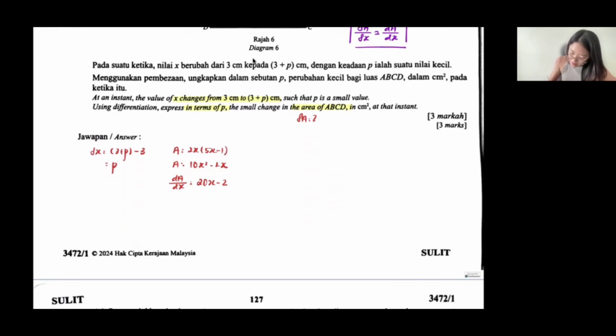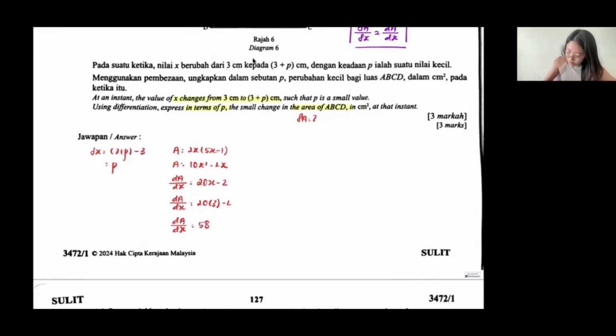Then we need to get a value for dA over dx. You substitute the original value of x, which is given in the beginning before the change, so it's 3. So 20 times 3 minus 2, 60 minus 2, is 58.